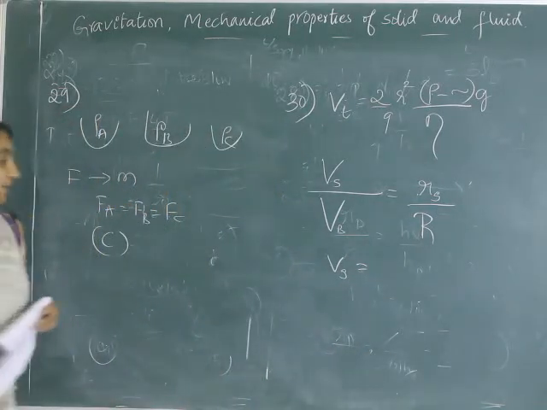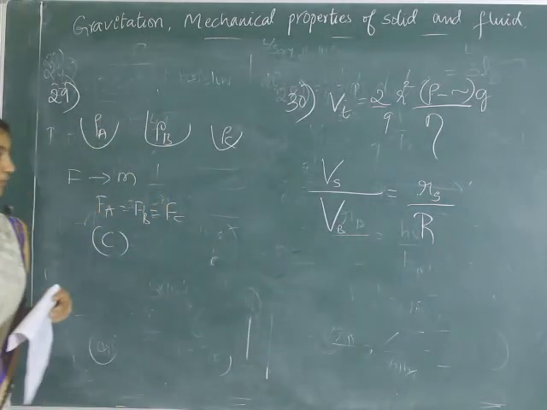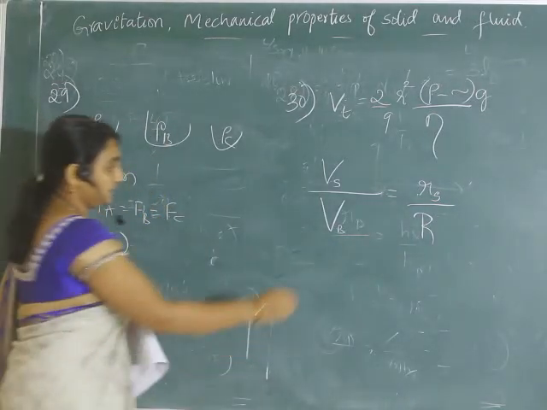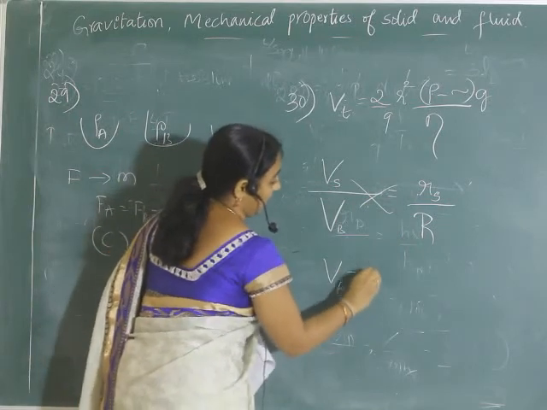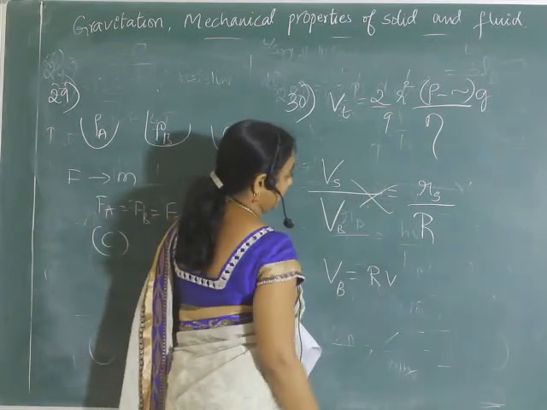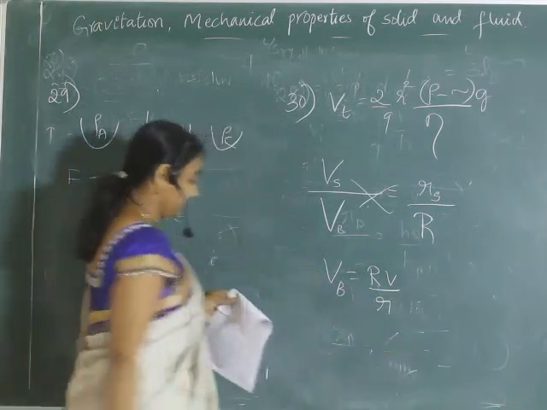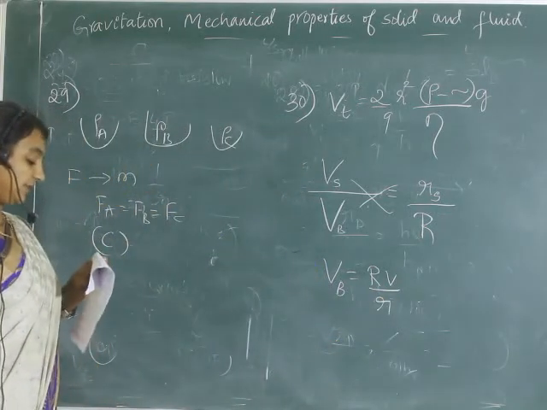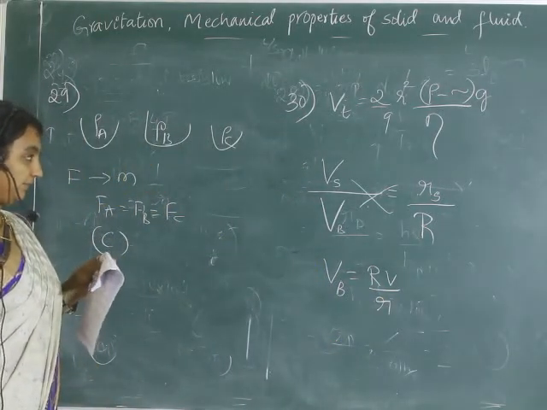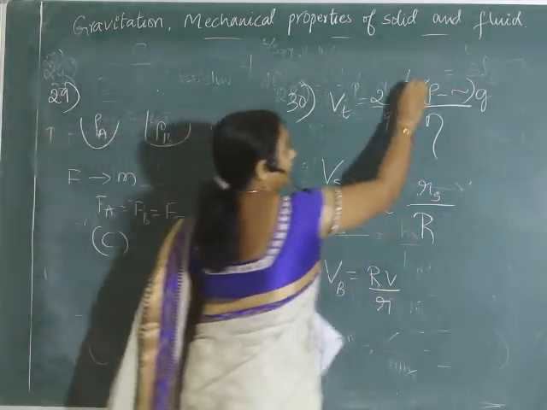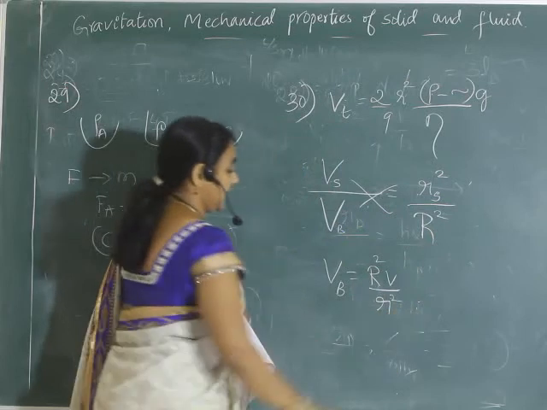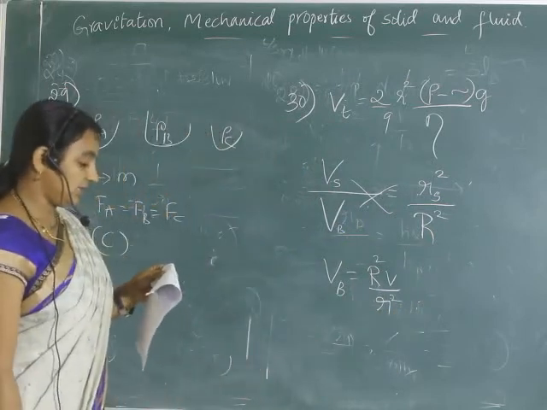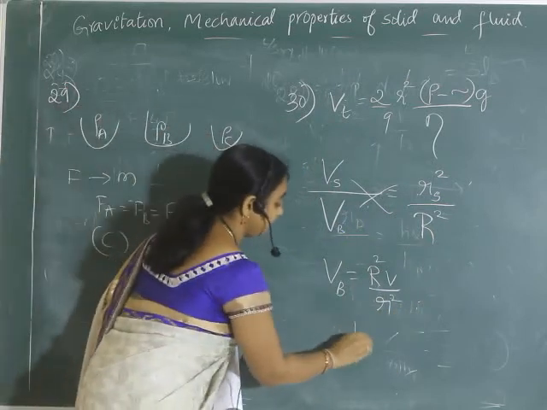Terminal velocity of the bigger drop is asked. Cross multiply: R square into velocity of the small drop, divided by r square. The velocity of the small drop is small letter V, correct? So therefore R square by r square into V, that is option B.